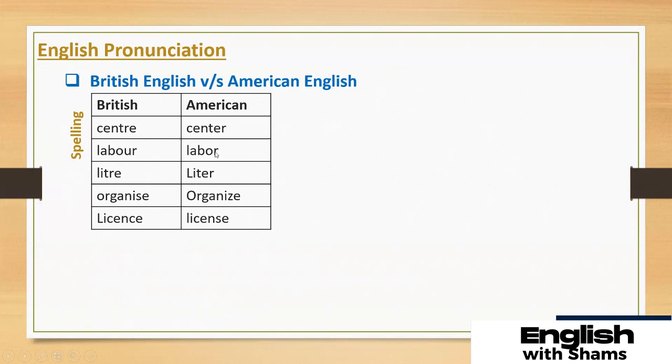Similarly, litre in British and liter in America. Organise, here it is S, here it is Z. Licence, license. All right. So there is a change in spelling as well between British English and American English.